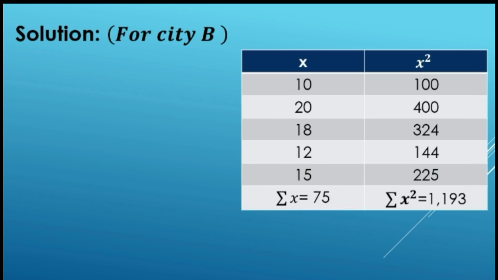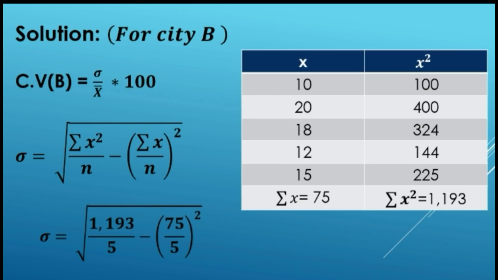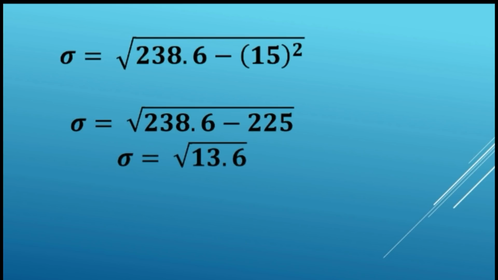Now put all the values in the formula. It would be under root 1193 divided by 5 minus 75 divided by 5 whole square. When we solve it, we will get the value of sigma as under root 13.6. So sigma equals 3.687.